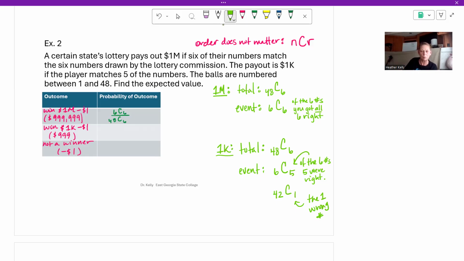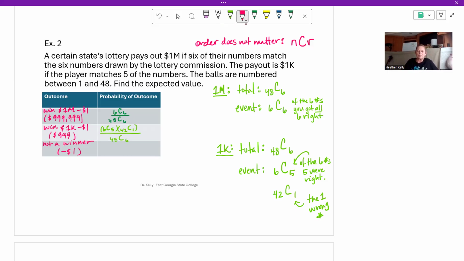So let's do that one. That one is going to be 6 choose 5 times our 42 choose 1, and all that is over 48 choose 6. Now, there's a couple of things I want to point out and remind you. You can double check this.